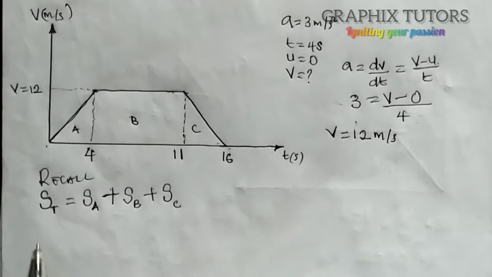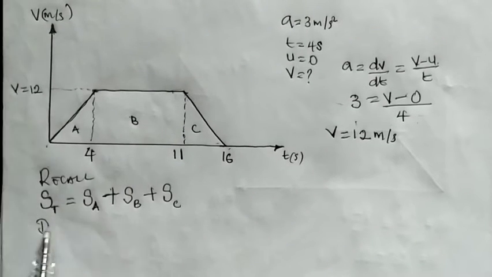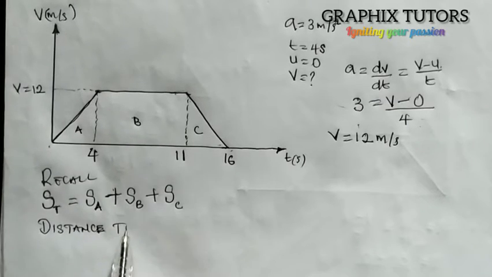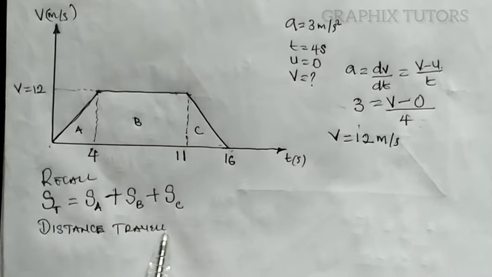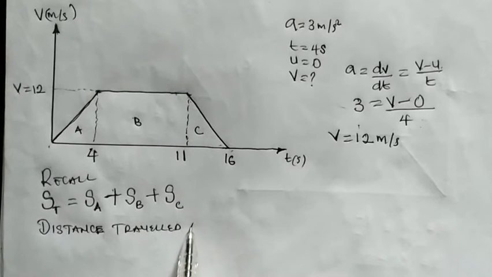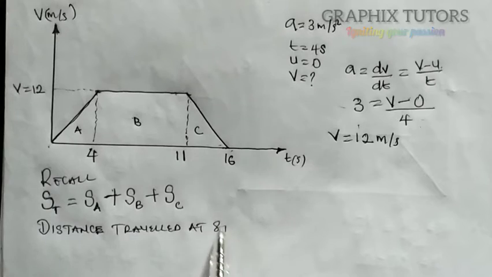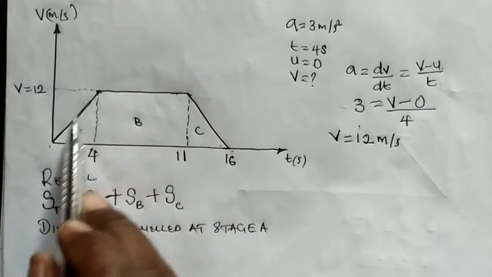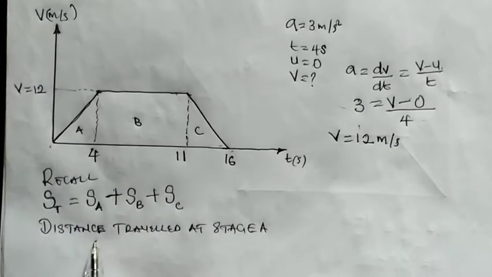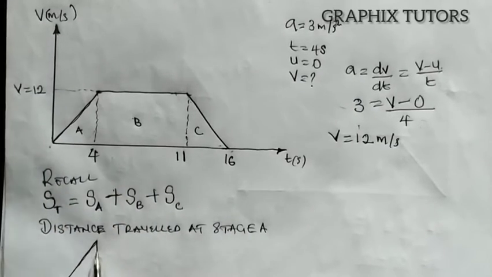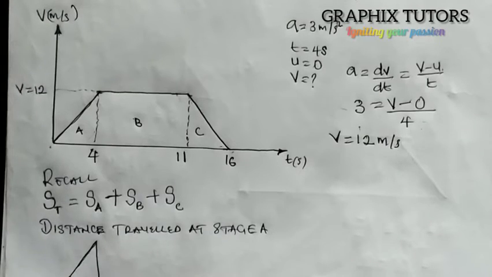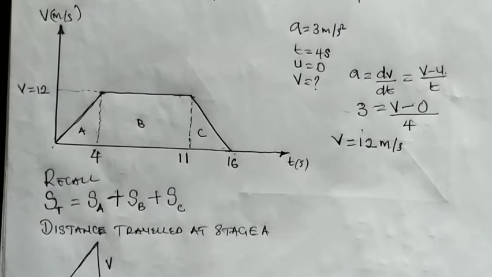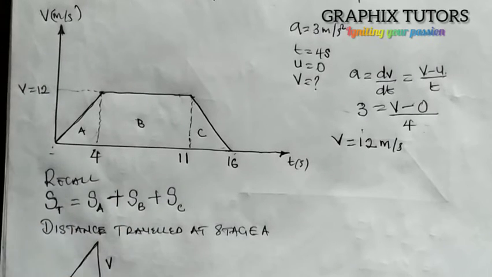So what you do here, you're going to write the distance traveled at stage A. We know stage A gives me a right-angled triangle, which is something like this, whereby the vertical part here is given as the v, and the horizontal part is the time axis.